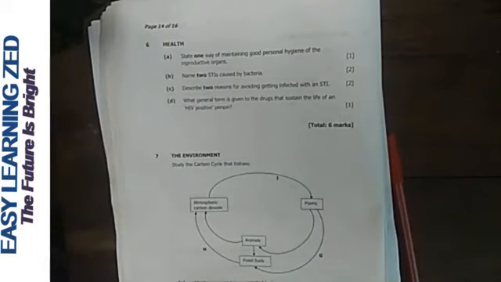No, we are remaining with D, which is: what general term is given to the drug that sustains the life of an HIV positive person? The general term given to that, it's called D. So we can say D, it's called ARVs, which is an abbreviation for antiretroviral drugs.